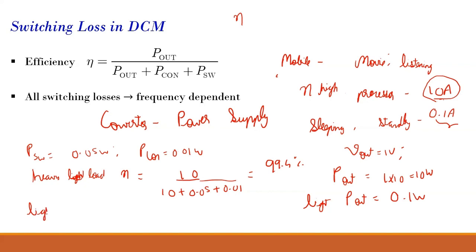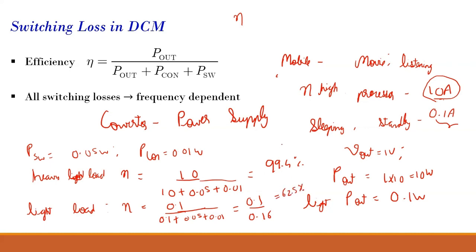But in light load, your efficiency is 0.1 upon 0.1 plus 0.05 plus 0.01, that is 0.1 upon 0.16. That gives an efficiency of around 62.5%.